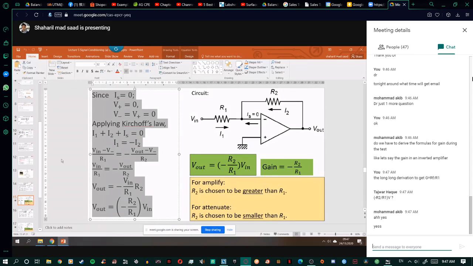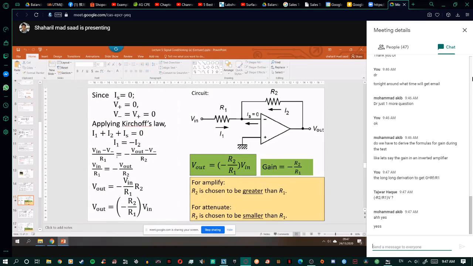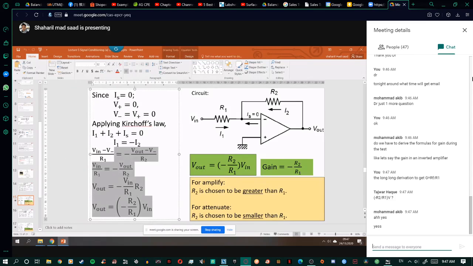Okay. That means it is good to know how to derive this one, how to use the Kirchhoff law. But because you are in mechanical, you just look at the circuit configuration.